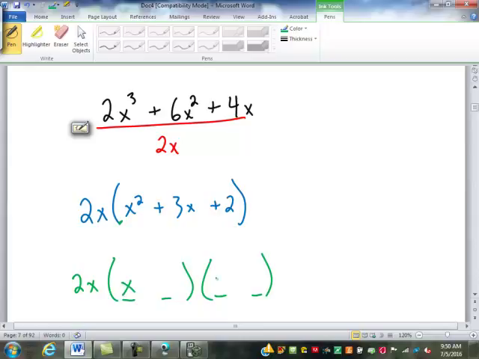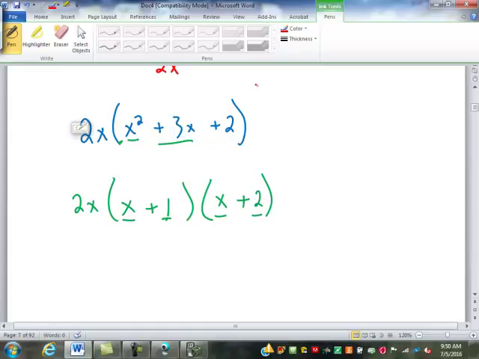Yes? Okay. So the first digit's x times x to make x squared. The last two digits have to make 2, right? So it's either 1 times 2 or -1 times -2. Is there any indicator that would give us a hint as to which one? That's a +3. So it's telling us most likely a +1 and a +2.